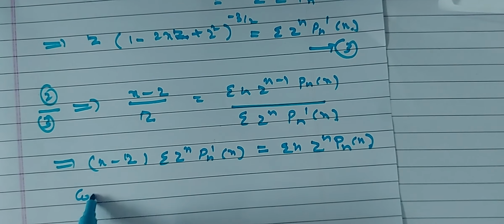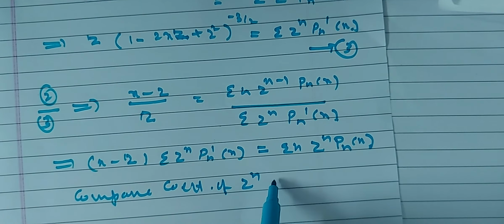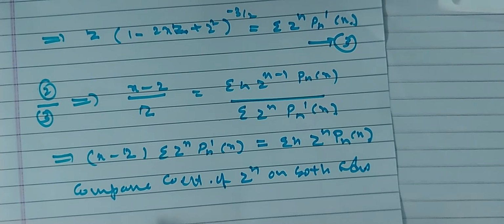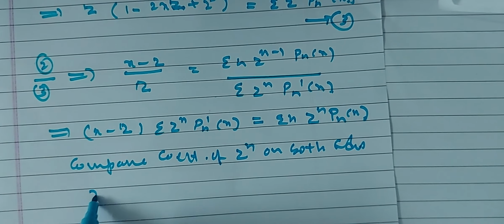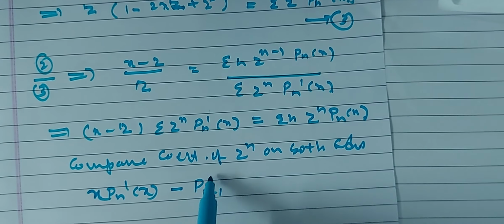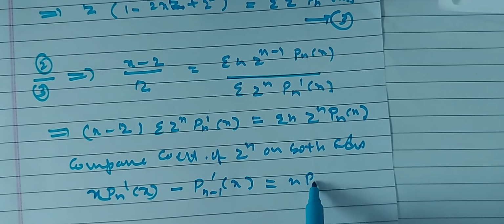Compare coefficients of z power n on both sides: x Pn dash of x minus Pn minus 1 dash of x is equal to n Pn of x.